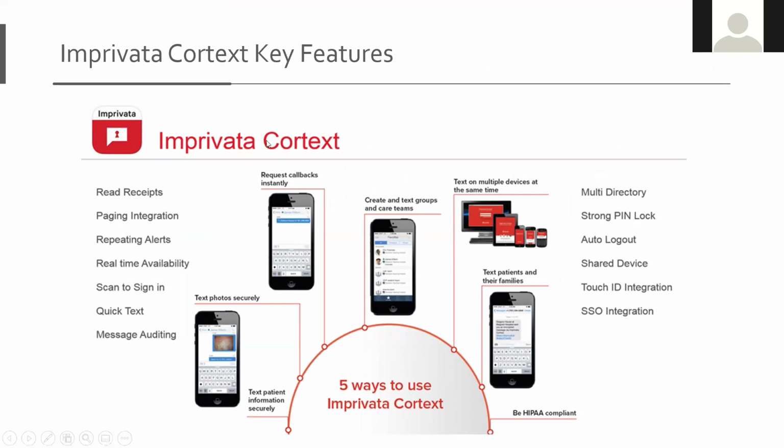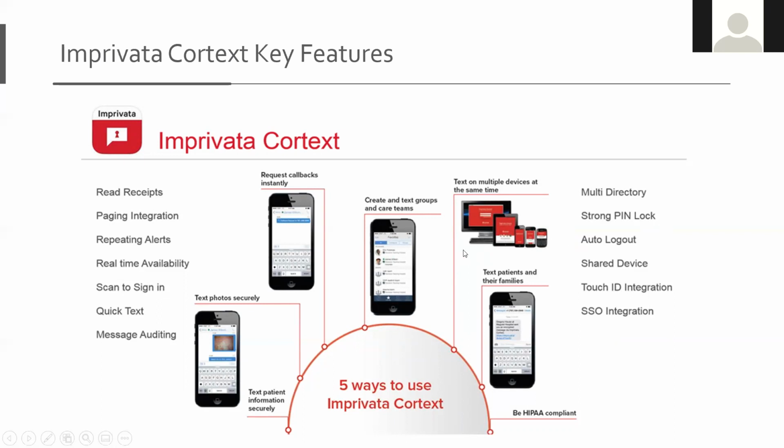So we can create groups for your personal use within the Cortext solution, and I'll show you that in my demo. But we can also create groups at the high level. So you may see some groups that were created by IT for you to use in the Cortext solution.